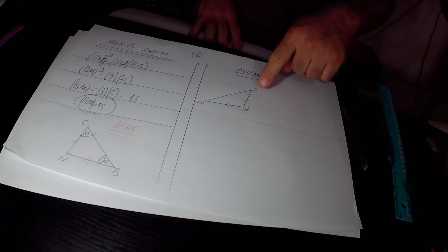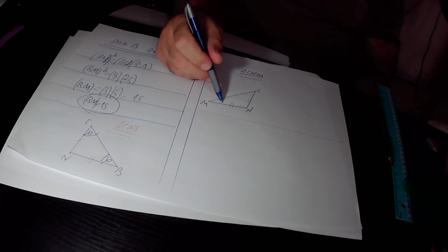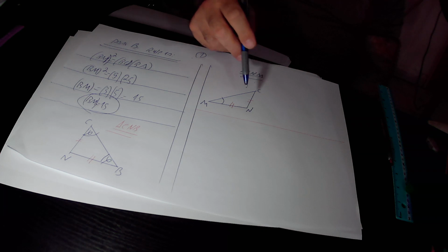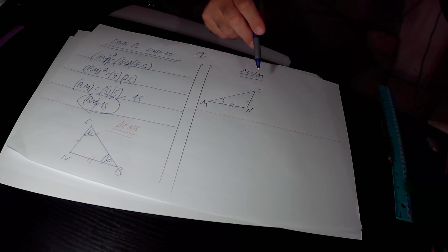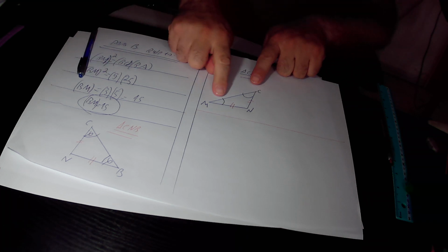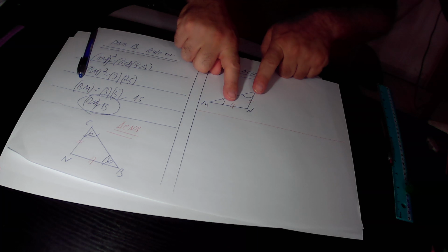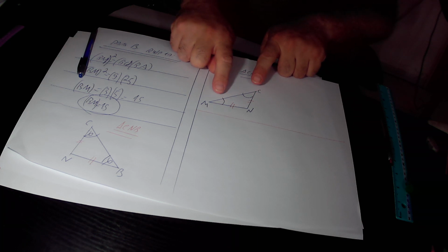In front of this side CN, we have this angle that is angle CMN, and in front of this side NM we have this angle that is angle NCM. And because of the fact that those two angles are in front of those two equal sides, they must be also equal to each other in their sizes.